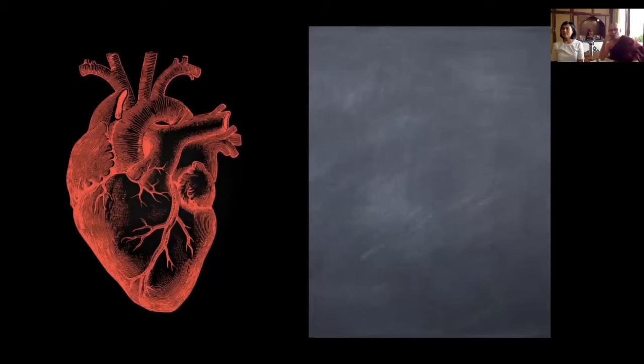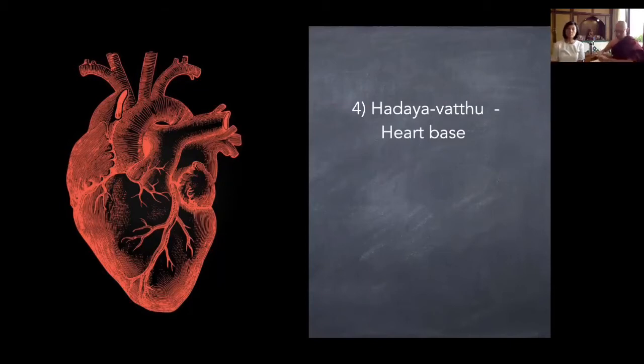The next matter that we are going to look at, the next group, is called Hadaya Vatthu, heart-base. Although we said it's a group, actually this group has only one member. Like the gender group has 2 members, and the sensitivity group has 5 members. So Hadaya Vatthu has only one member.